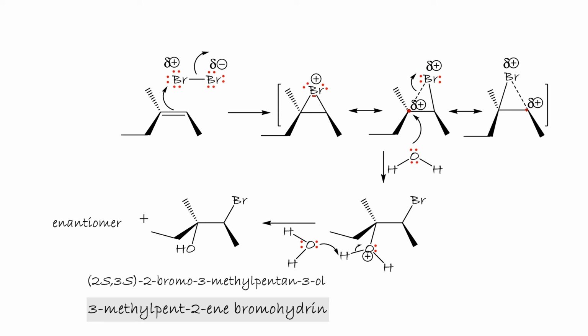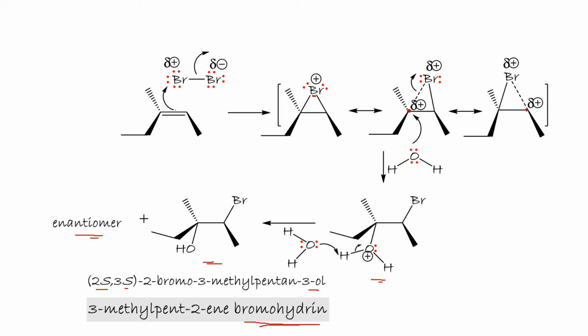Of course, the more substituted carbocation, or the partially positive carbon, is more stable, so the water will attack this carbon, forming the oxonium ion, followed by deprotonation, or proton transfer, to form the alcohol, which we call a bromohydrin. That's 2S,3S-2-bromo-3-methylpentan-3-ol, of course, plus the enantiomer.